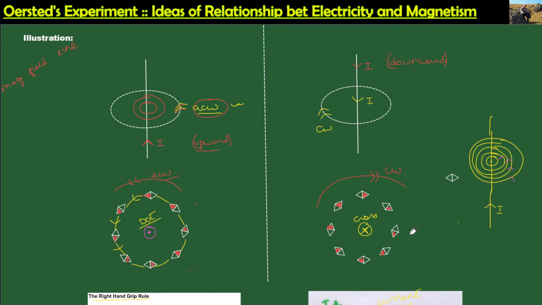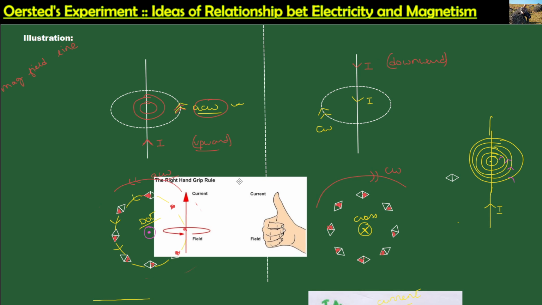This you also have to apply when you use your right hand thumb rule. When you apply the right hand thumb rule, the thumb indicates the direction of your current into the page, and you will find that the curl of the fingers is always in the clockwise direction.